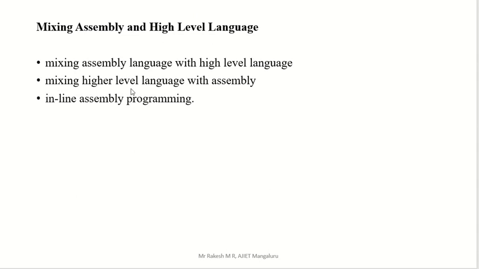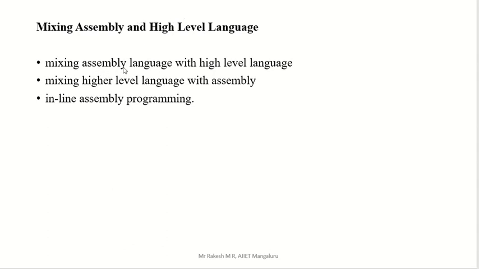Second is high level language with assembly language, and third is inline assembly programming. Anyway we are going to mix both high level and low level, because some advantages are in high level and some advantages are in low level. We take both advantages and combine them to form a good, perfect code. For that we use mixing.